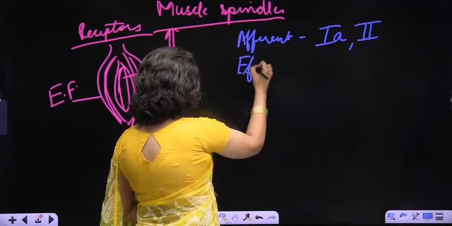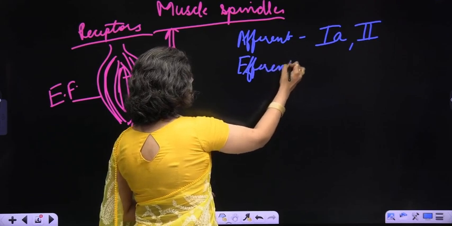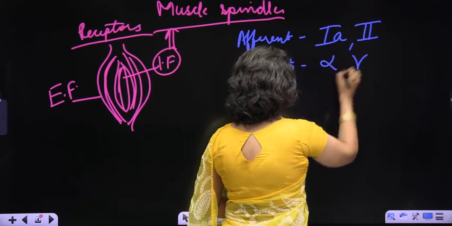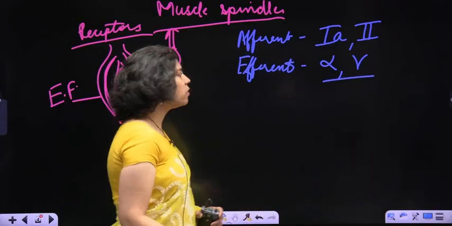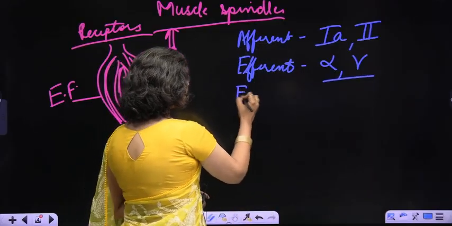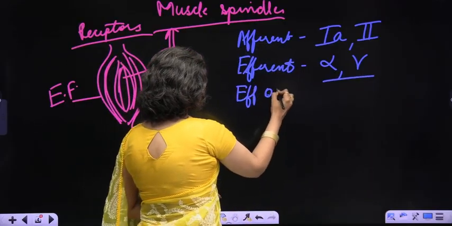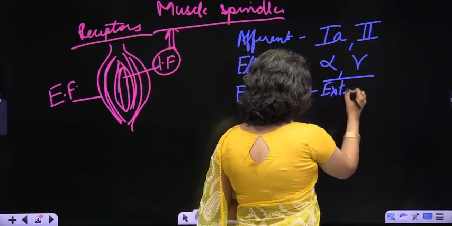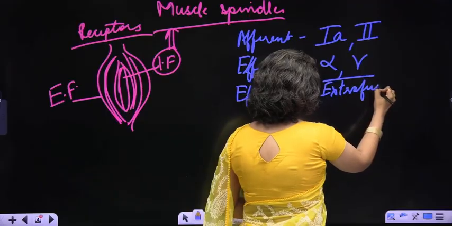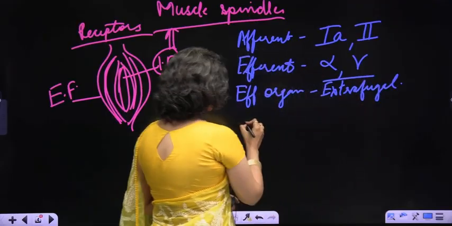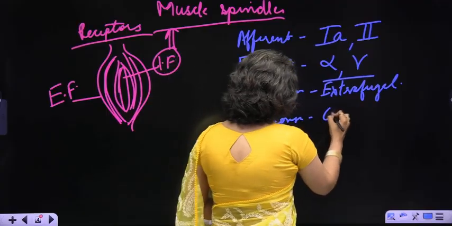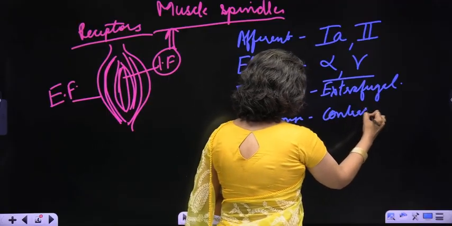Efferent fibers, the fibers coming out from the spinal cord, are either alpha or gamma motor neurons. The effector organ is the extrafusal fibers, and the response is contraction of the muscle.